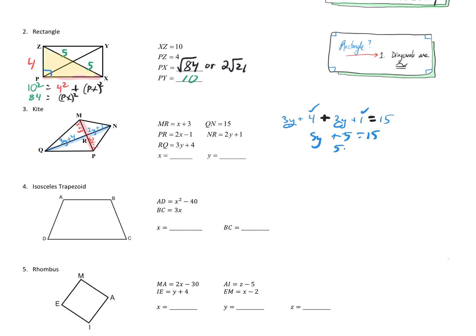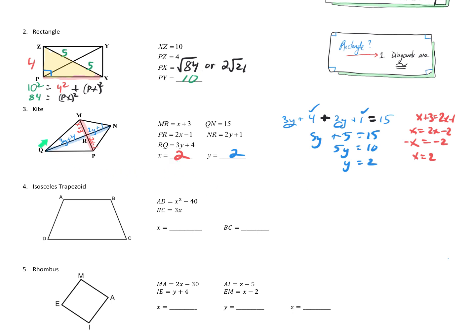So subtracting 5 from the left and the right, and dividing both sides by 5, y is 2. What about x? Well, the blue diagonal was clearly not bisected, but the other diagonal has been bisected, so x plus 3 equals 2x minus 1 in red. So we set those red expressions equal to each other and do the work, and we received x.